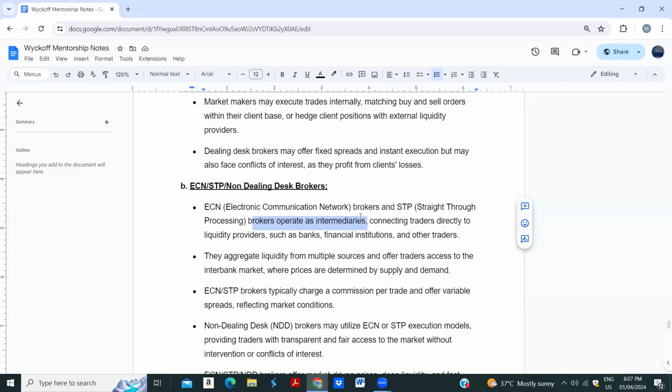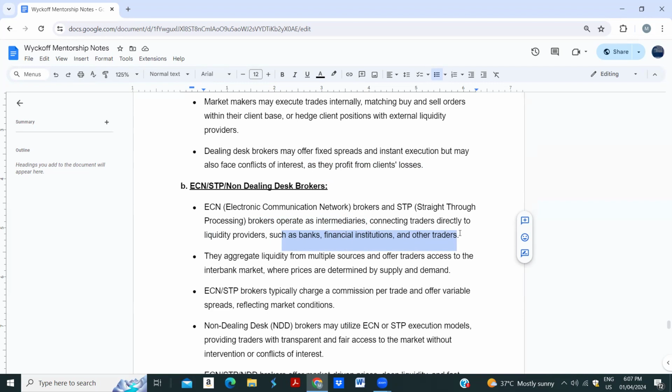The function of these types of brokers is to connect the traders directly to the liquidity providers, such as banks, financial institutions, and other traders. They are just the middleman, just the third party. They match the buy and sell orders with the external liquidity provider. They don't interfere in the trades placed by the traders, and they don't place trades against the traders.